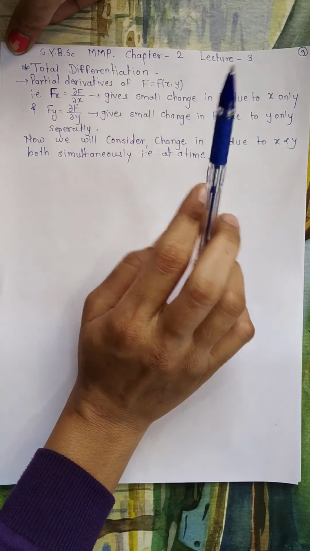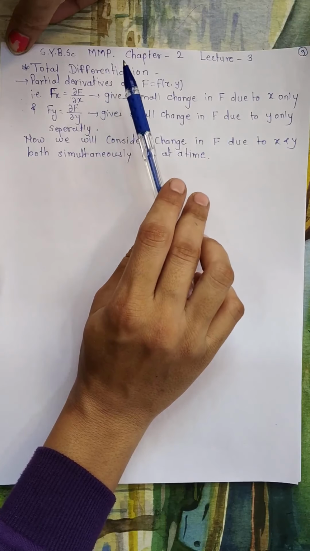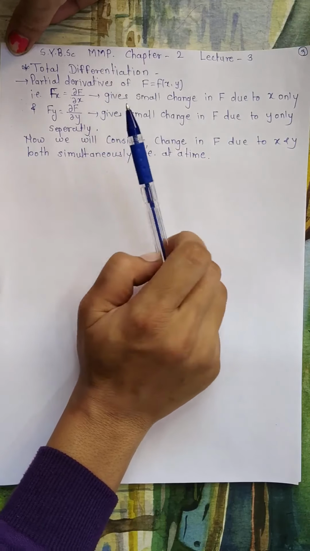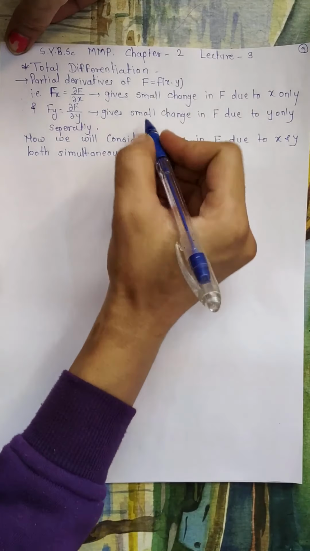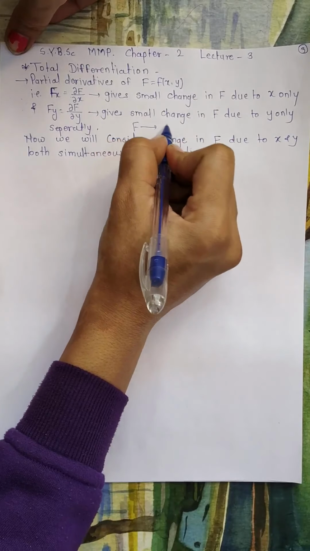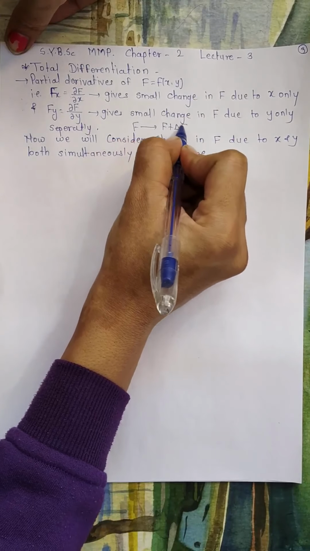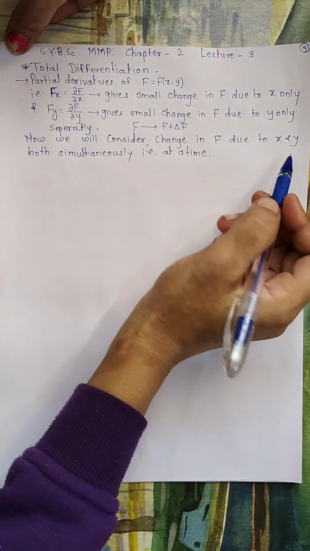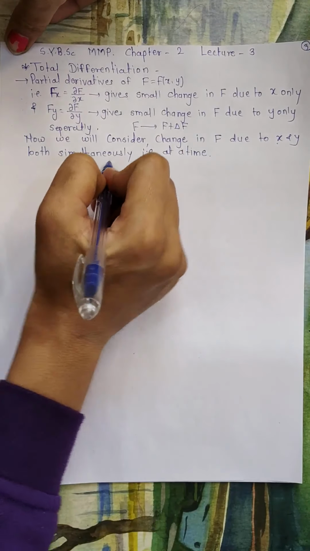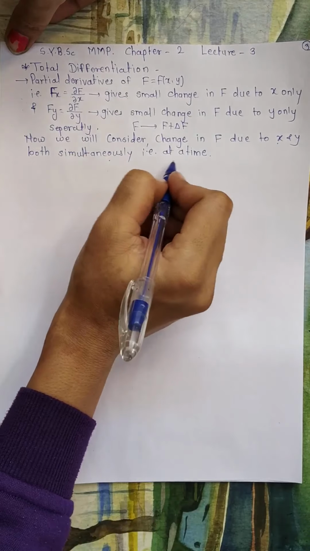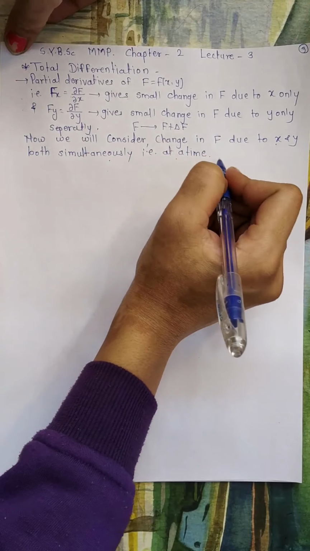Now what does total differentiation mean? Total differentiation means we will take the change in f, that is f changing to f plus delta f, due to change in both x and y simultaneously. What does simultaneously mean? At the same time.